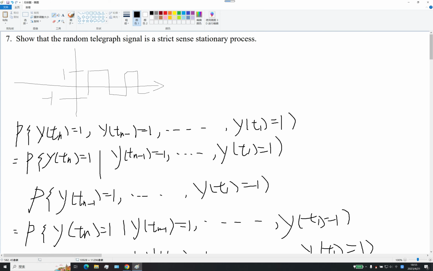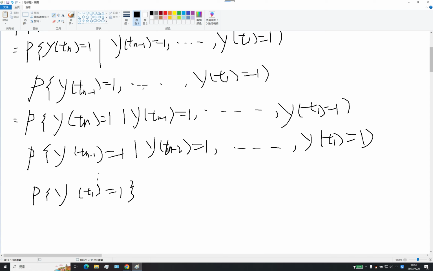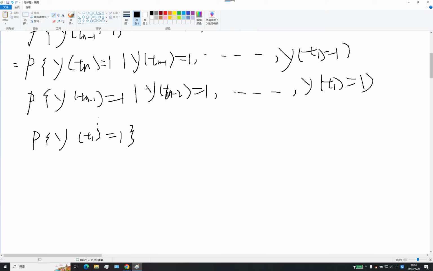Because the random telegraph signal is a memoryless process, we can ignore this part.